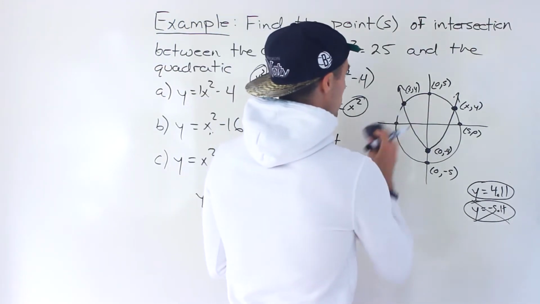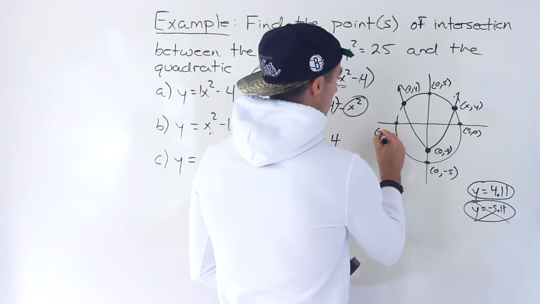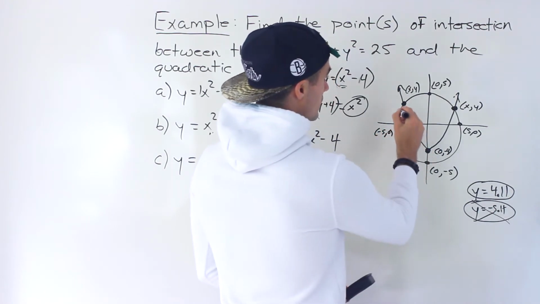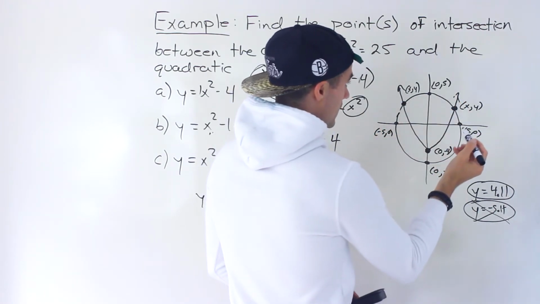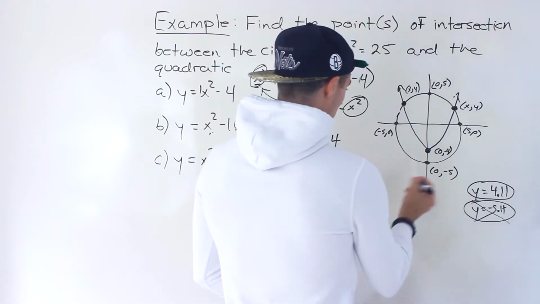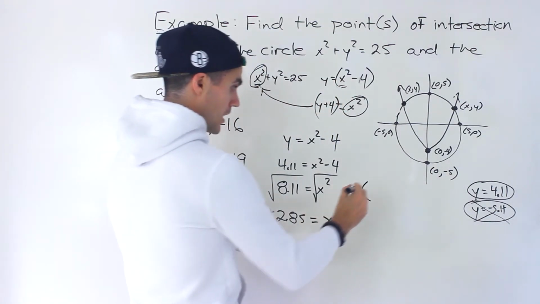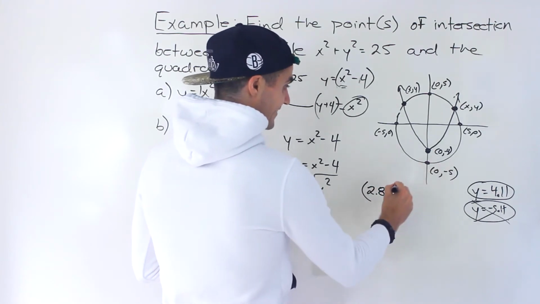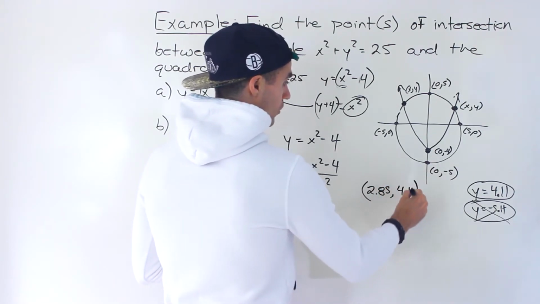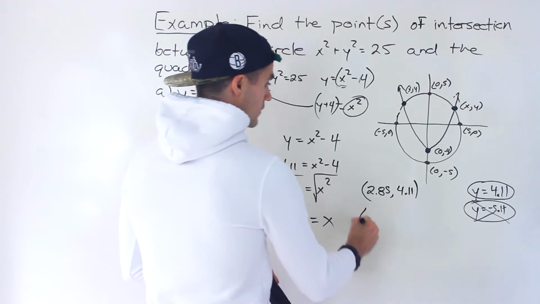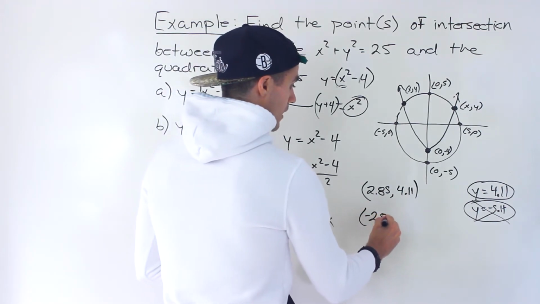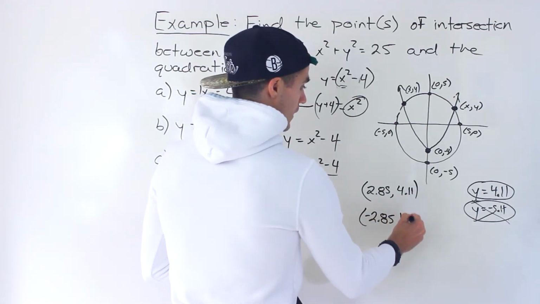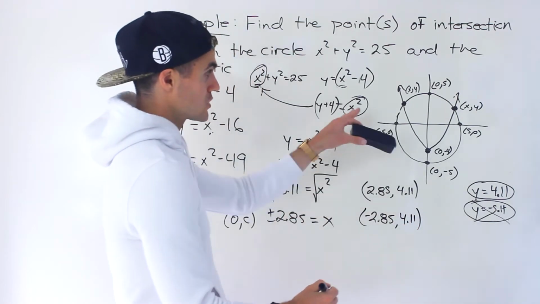So let me actually erase some of this just so you're not getting confused with what's going on. So we're solving for these points. Notice that one of the points is going to have a positive 2.85 x value and that y value of 4.11. And then the other point is going to be negative 2.85 with that same y value of 4.11. And that makes sense according to the diagram.